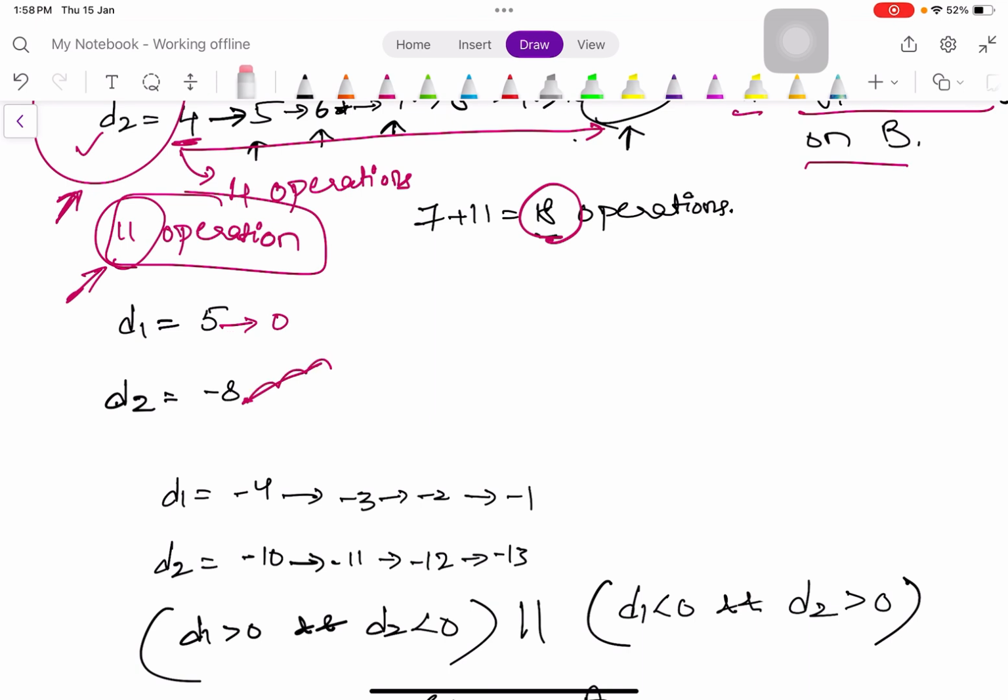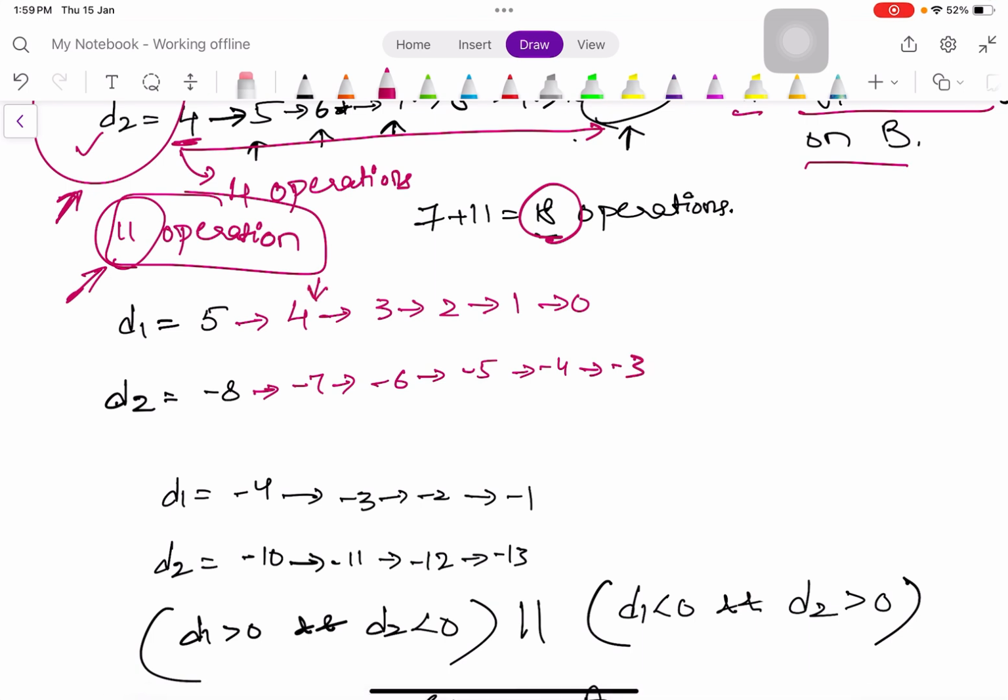It means here we can actually perform operation on string A, and when we do that, 5 becomes 4, 4 becomes 3, 3 becomes 2, 2 becomes 1, 1 becomes 0, and -8 becomes -7, -6, -5, -4, -3. Decrement over here, increment over here, decrement over here, increment over here.